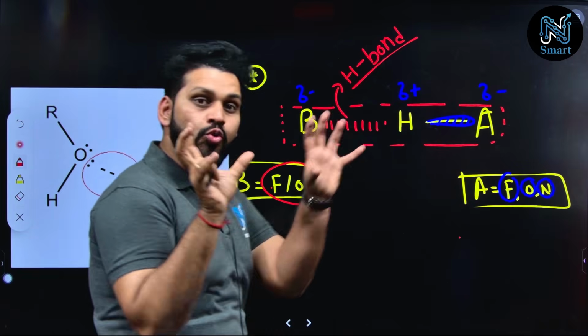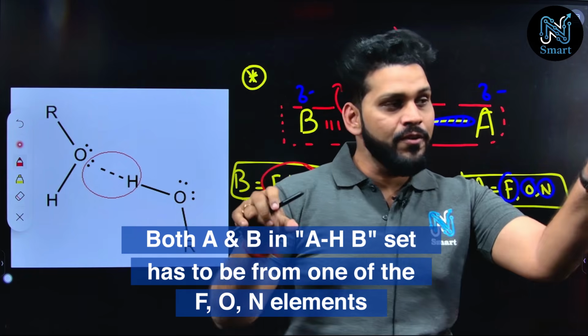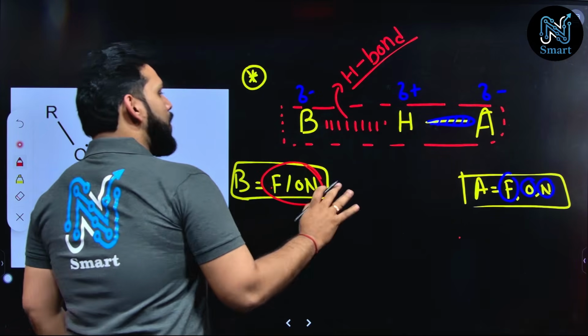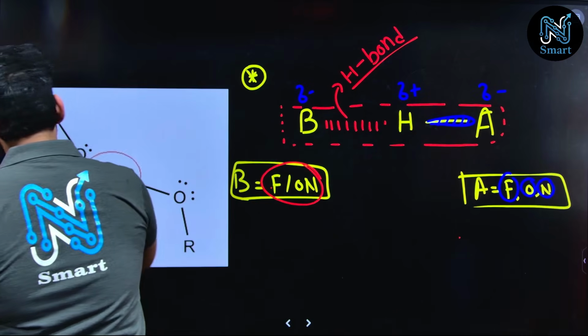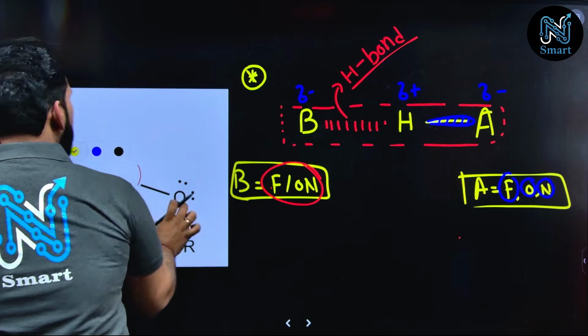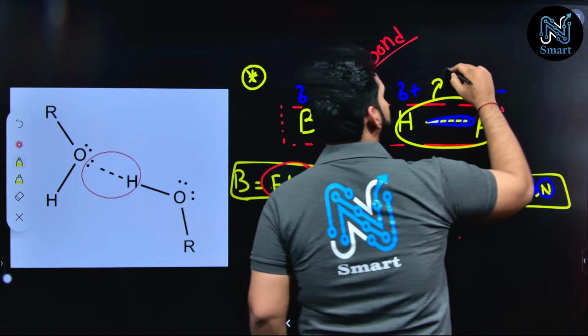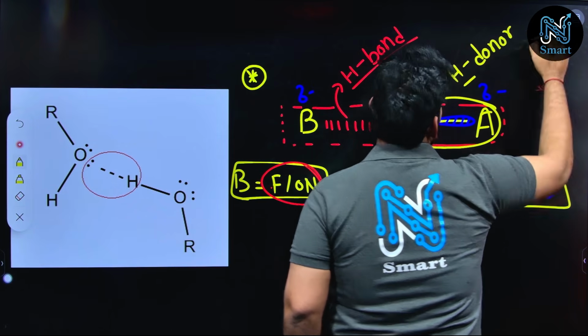So there should be two FONs, okay? And one FON is connected to the hydrogen and the other FON is attracting it. Two of the FONs are needed, okay? Whoever contains the hydrogen, that particular element, AH, this AH is called hydrogen donor. I will talk about this more going forward.